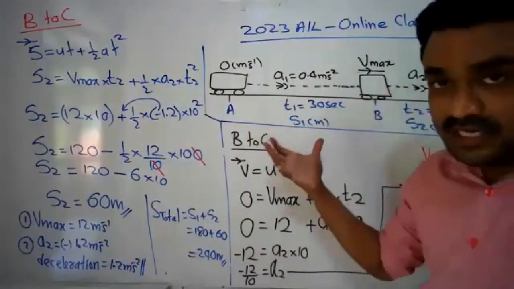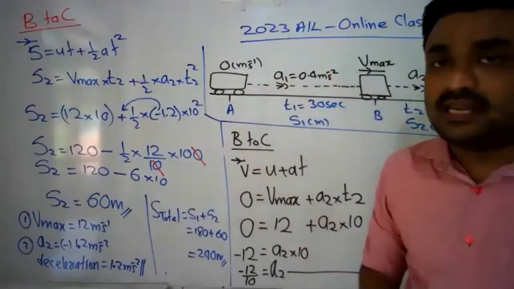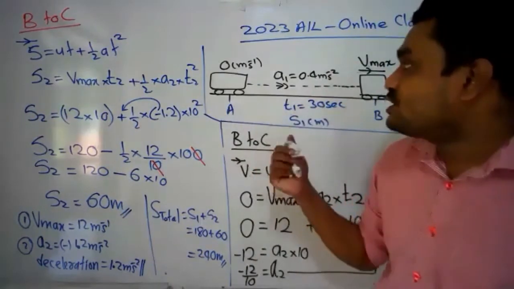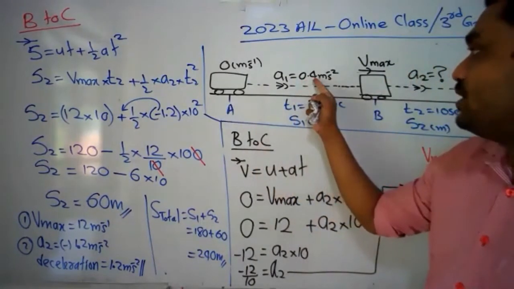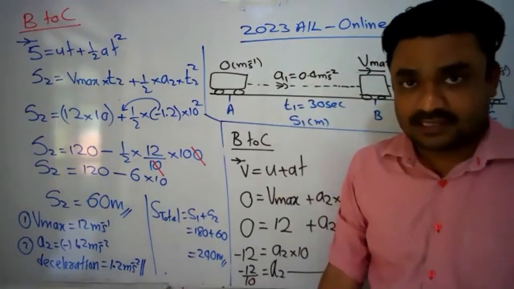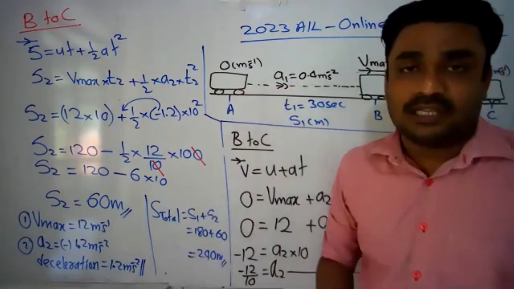The same story is given in question number 5 in paper 1, but they have not used numbers. They have not used 0.4, they have not used 30 seconds, 10 seconds. They have used only the symbols, right? So we have used the symbols to solve this problem.